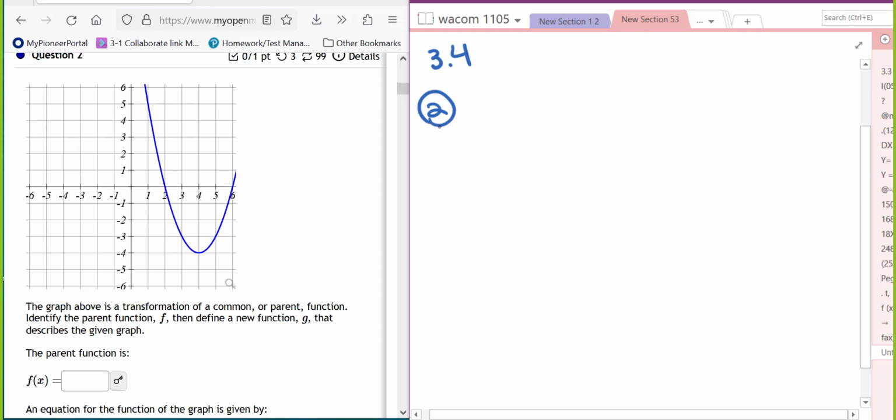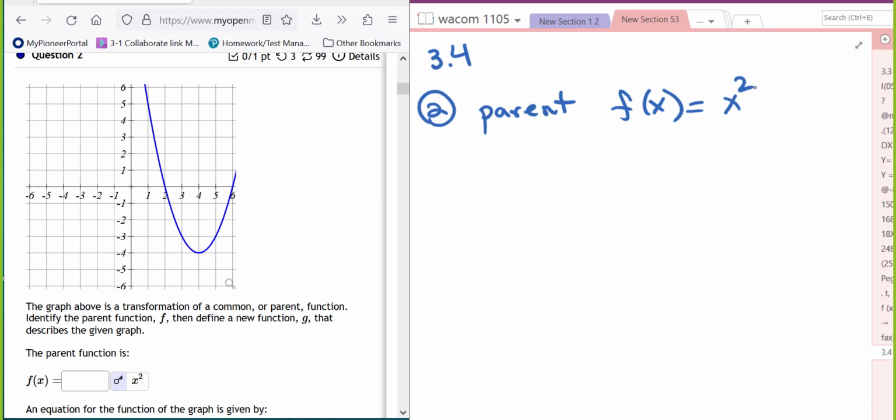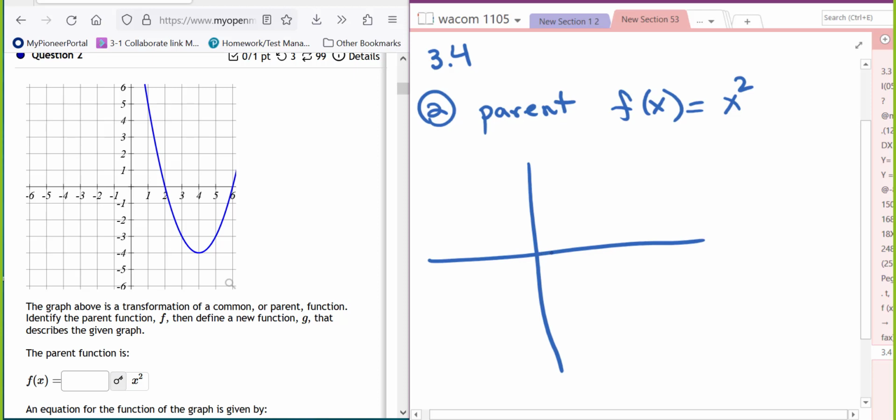All right, so your parent function here, this is a parabola. Your parent function is f of x equals x squared. All right, and we're good there. And you notice this one's moved because our parent function, and we made our table and its center is 0, 0.